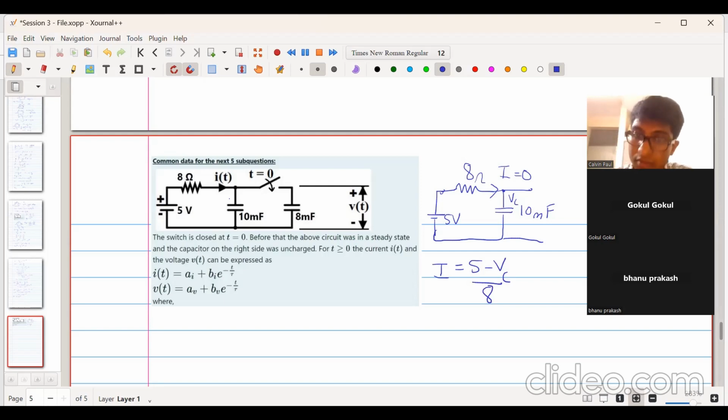But because at steady state the capacitor acts as an open circuit, what does that mean? That VC will be equal to 5 volt, because we know at steady state the current is 0. So for the current to be 0, the voltage across that capacitor should be equal to 5 volt.